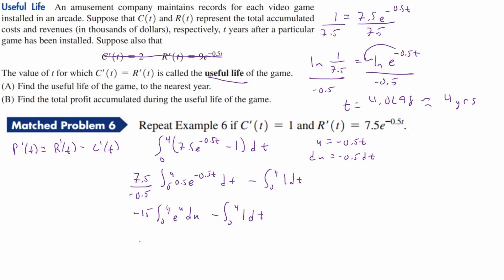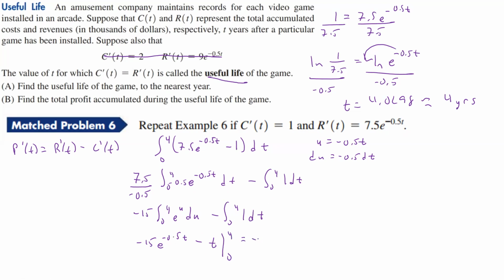So now that gives me negative 15 times e to the u, so let's just plug it in, and we don't have to rewrite it too many times. The antiderivative of 1 is just going to be minus t, and I'm going to integrate from 0 to 4. So I simplified it and put the t's back in. Now we're only in t's, so I plug everything in.